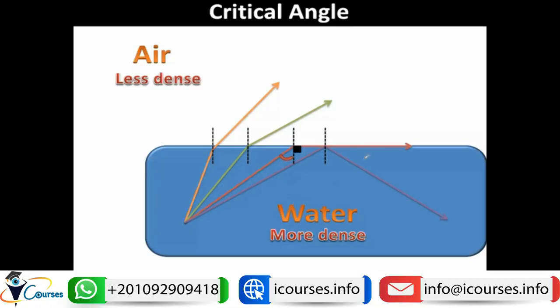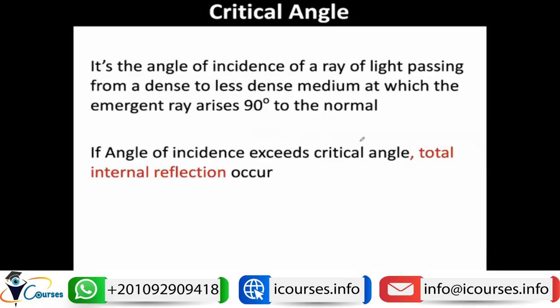So if we increase the angle of incidence to the limit called the critical angle, any incident angle above the critical angle will lead to total internal reflection of light rays. So there will be no refraction, but reflection. So what is the critical angle?